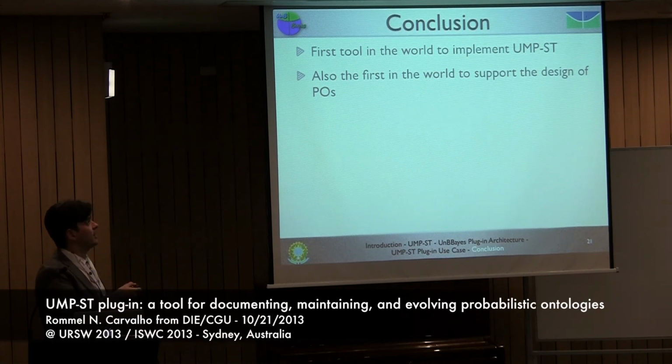But also, as far as we know, it's the first tool and also method that deals with how to model these complex models, right? So this tool seems to be the first that tries to deal with that, at least as far as probabilistic ontologies go. As tools for designing ontologies, we have plenty. But for how to model probabilistic ontologies, I think it's the first.